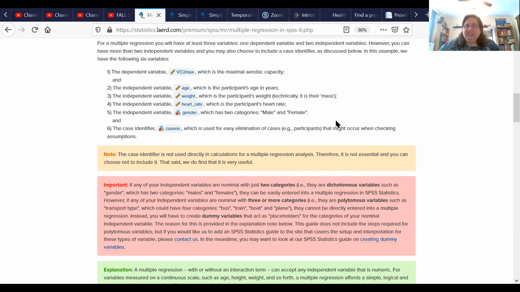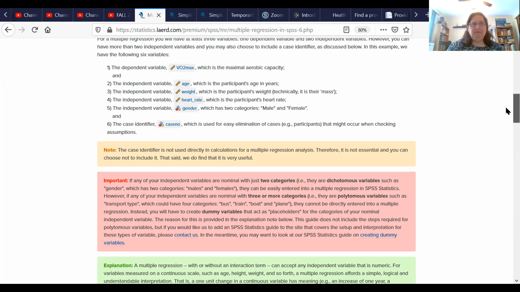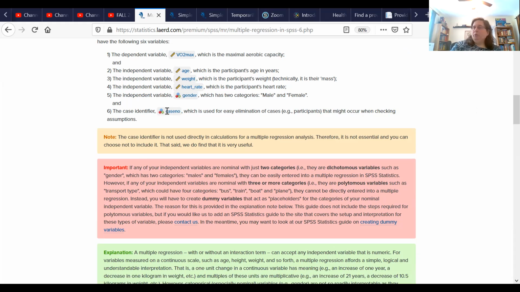So that's easy because it's dichotomous. Had it had 3 categories, 4 or 5, however many you like, we would be creating dummy variables here. Had it had 3 categories, we'd create 2 dummy variables, 4 categories, 3 dummy variables, and so on. And then we have a case number, which is just an identification number, which we'll call nominal.